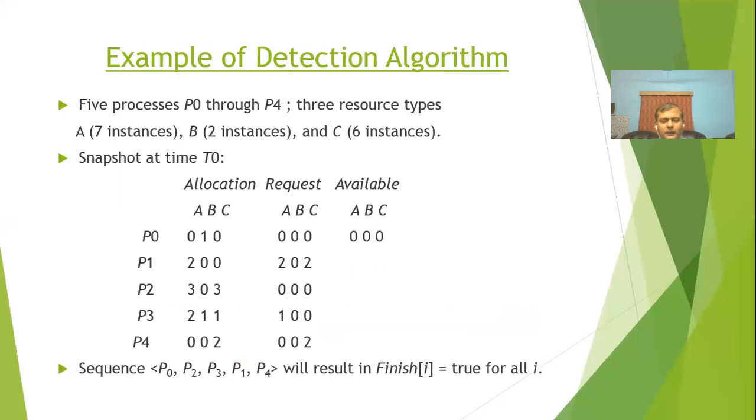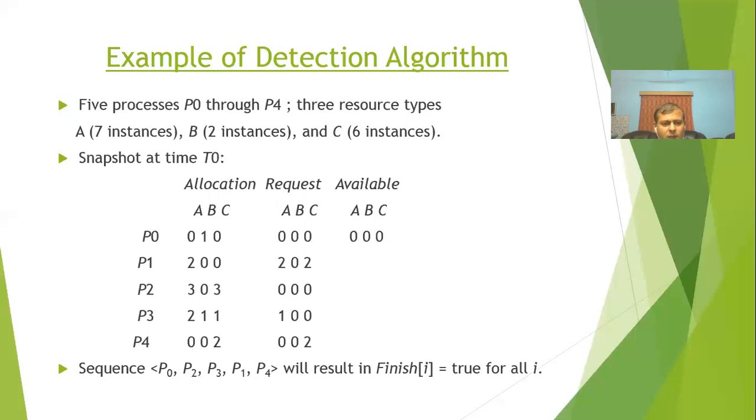Now we will see an illustrative example of the detection algorithm. We are considering five different processes P0 through P4, and three resource types A, B, and C having 7 instances, 2 instances, and 6 instances in total.